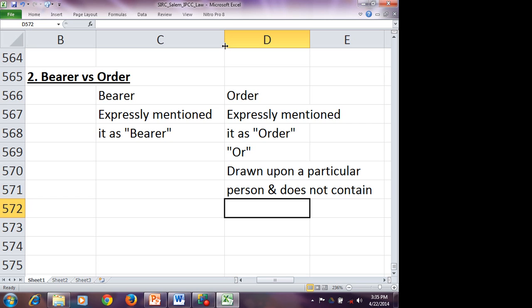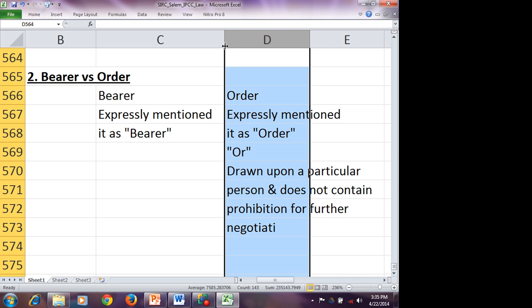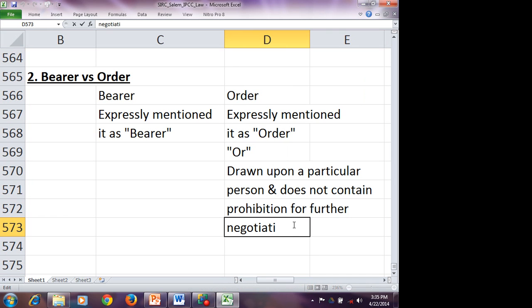Does not contain prohibition for further negotiation. Does not contain any prohibition for further negotiation. This is where your example pay A comes in. A particular person, with no intention to prohibit further negotiation.